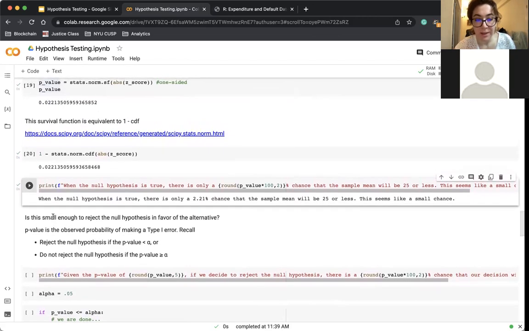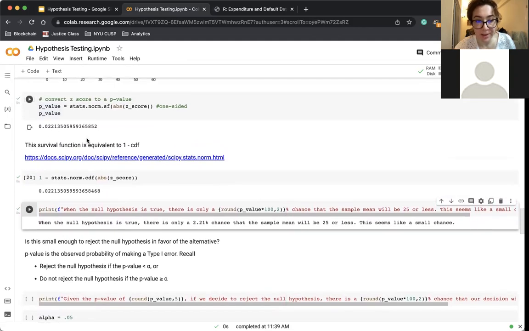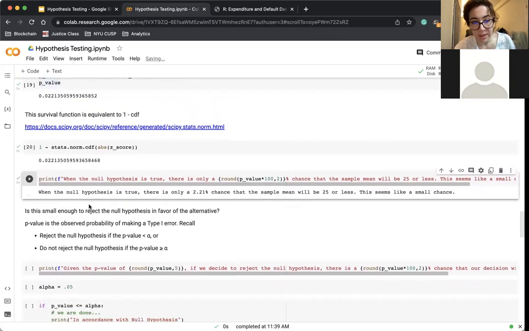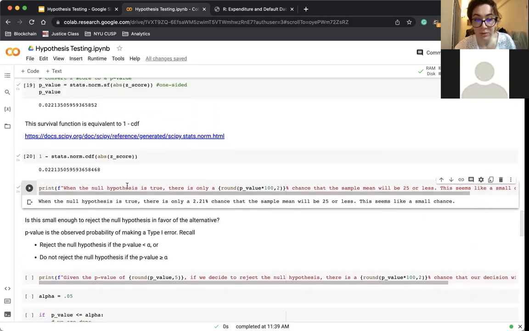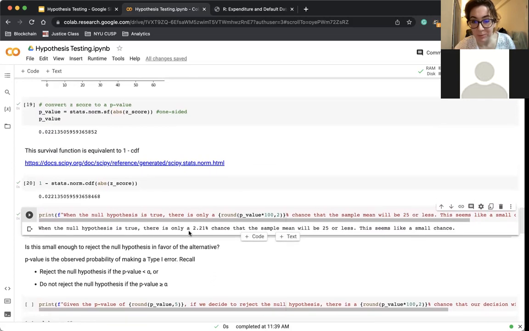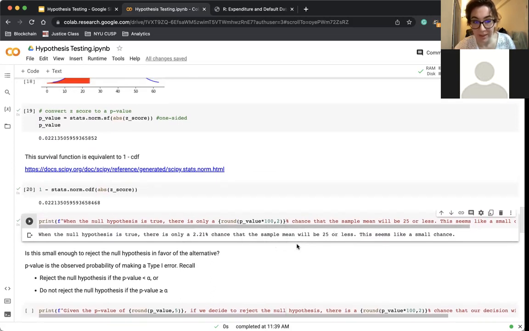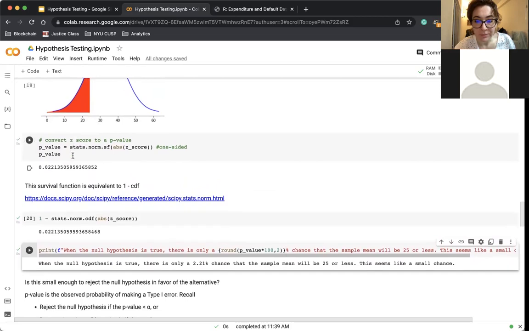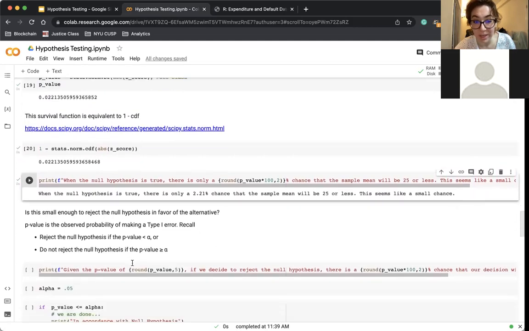So in this case, we are using this p-value to say when the null hypothesis is true, and the null hypothesis being true of saying that the mean is going to be over 25, there's only a 2.21% chance that the sample mean will be 25 or less. So we're trying to now use our z-score to say, what is this area under the curve? And it's 2.21% chance or less, which is a small chance.